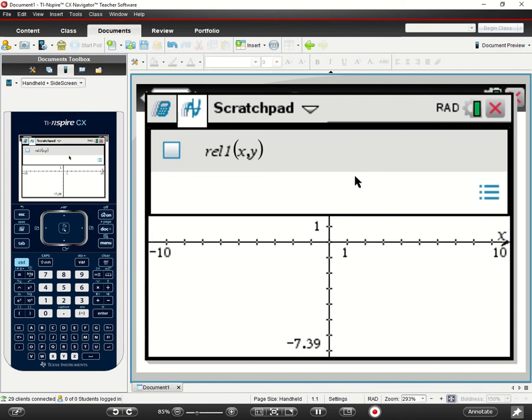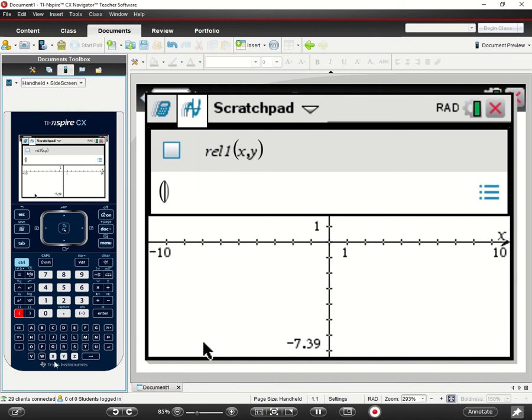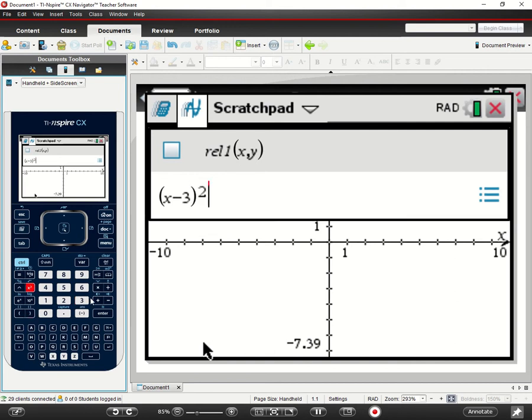The relation that I have here is going to be what we had: parentheses, x minus 3, close, square, plus parentheses, y minus 4, close, square.